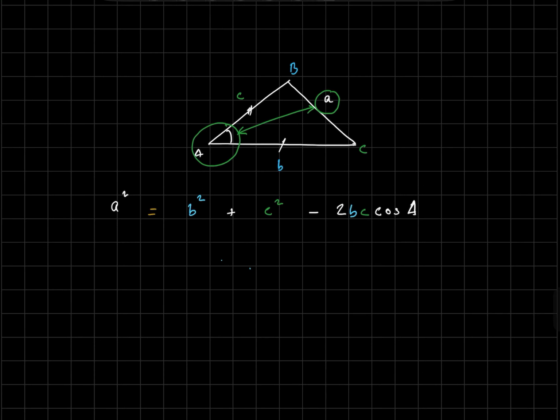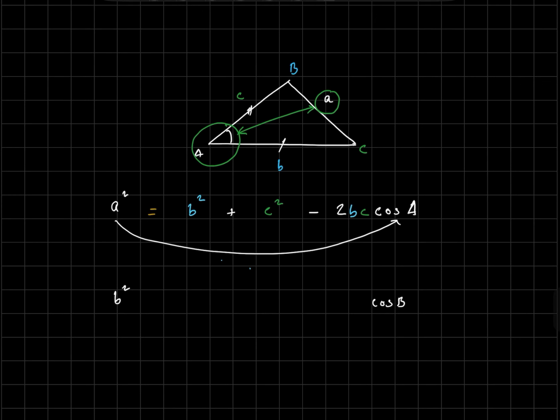So how do I place it? Let's see this again. So what is A over here? A is actually the side opposite to the angle that is in use. That's the first thing you must understand. If I wish to find the side B, that's B square, then in that case I'll be using cos B over here.